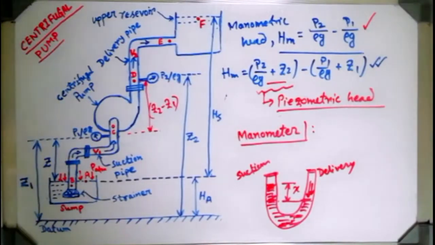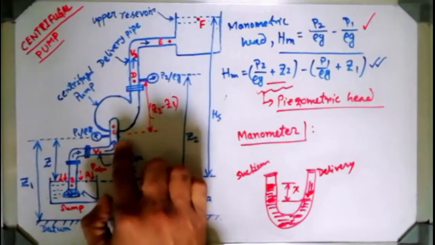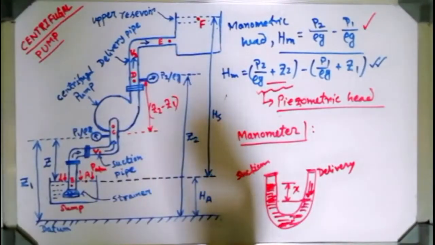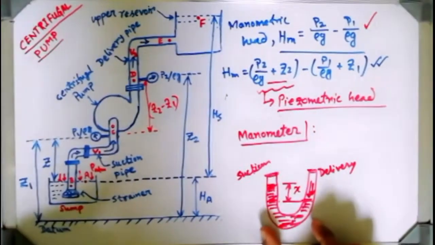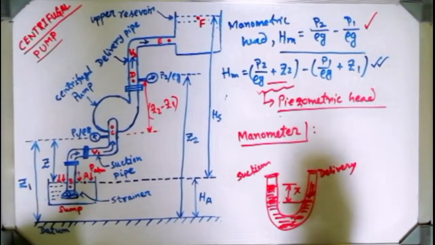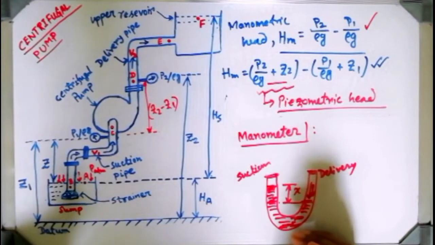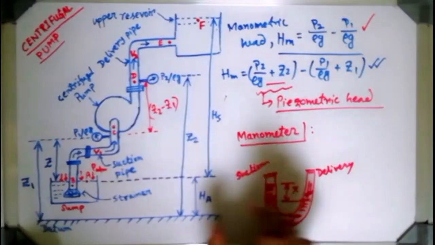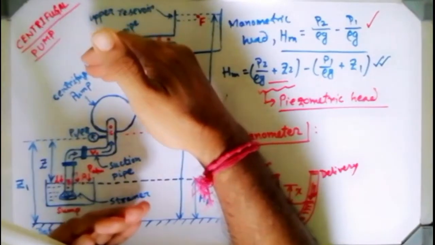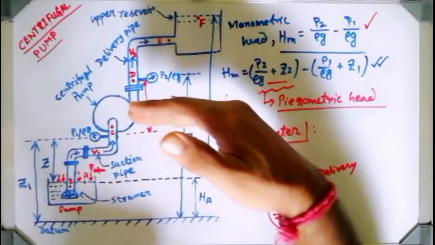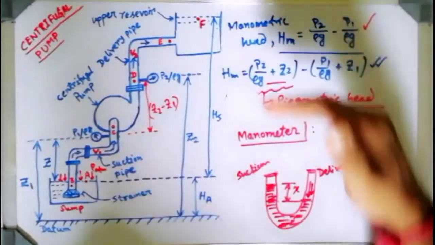But you may ask, why have we connected a pressure gauge? You can connect the manometer. The problem is that these tubes are made of glass, otherwise you cannot read the reading, so they are very fragile and tough to handle. The second thing is that the manometer will have a very huge length, because if Z2 minus Z1 is higher, you have to connect a bigger manometer.